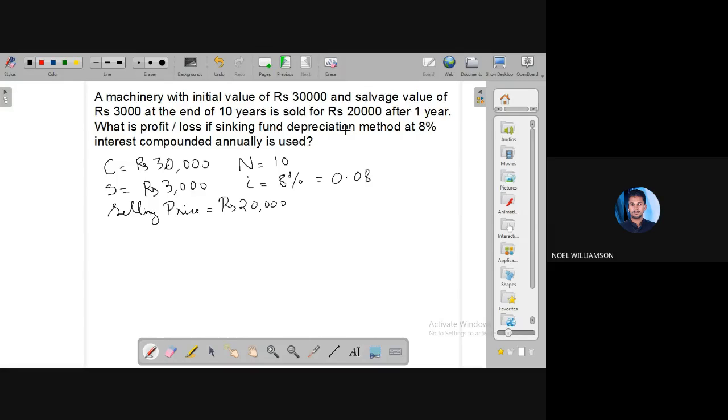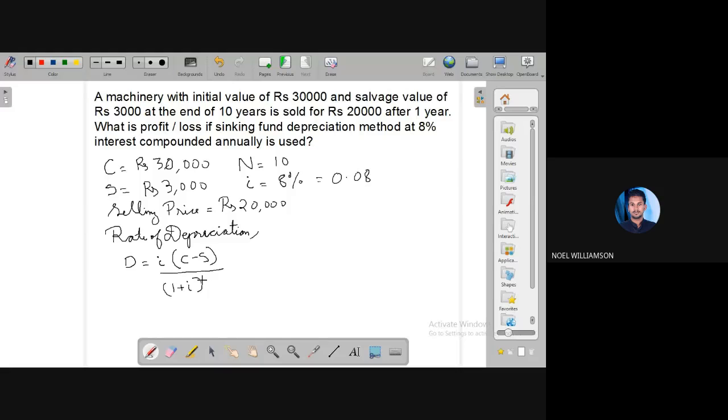So first of all, we will find the rate of depreciation, denoted by D, which is equal to I into (C minus S) divided by (1 plus I) the whole raised to N minus 1.